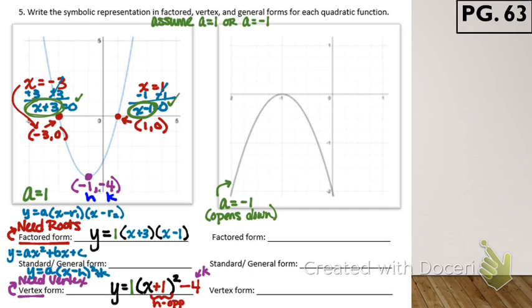I want to practice using our factored form. So I need to find a little bit of open space. In between these 2 sets of parentheses, does anybody know what operation is happening there? Multiplication. So I am going to multiply these 2 factors together in order to get my general form.